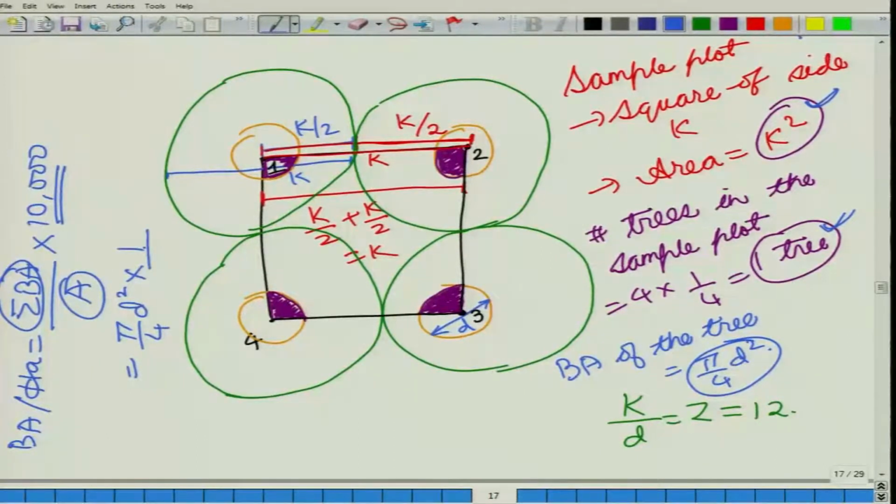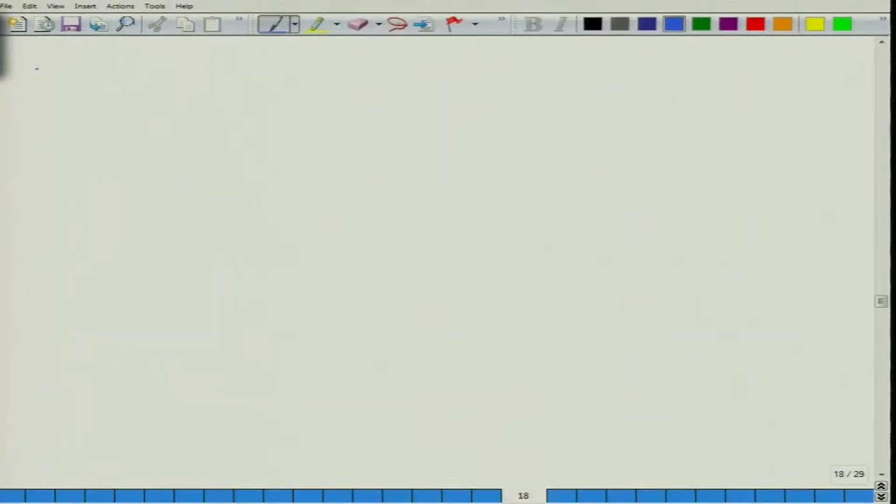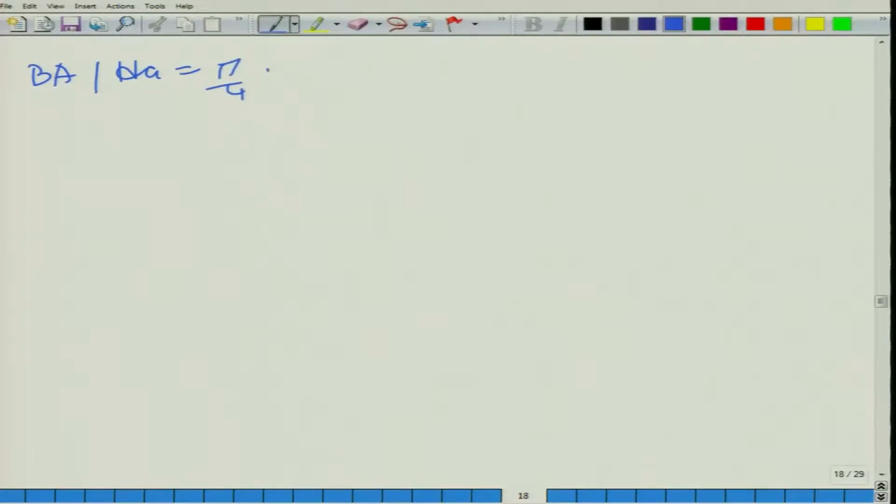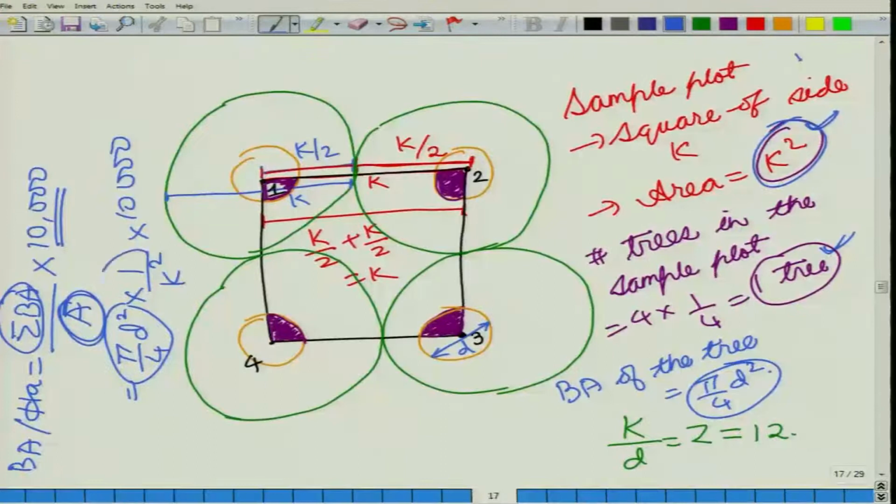So we divide it by the area A, which is given by k square, and we multiply it by 10,000. So the basal area per hectare is given by pi by 4 d square into 1 by k square into 10,000.